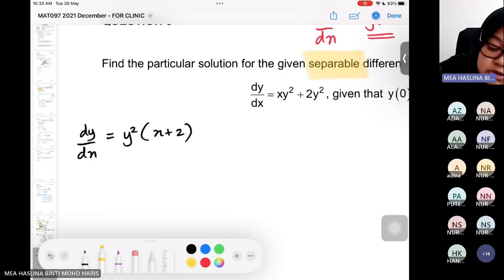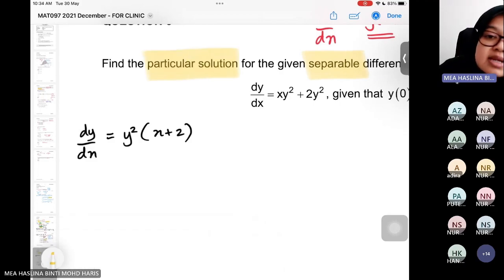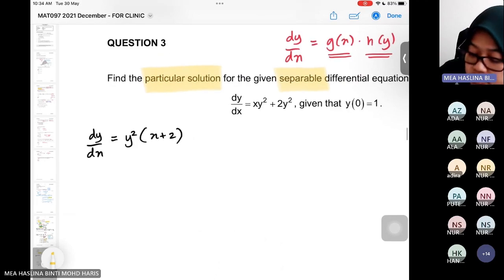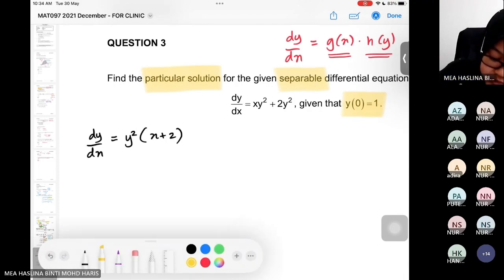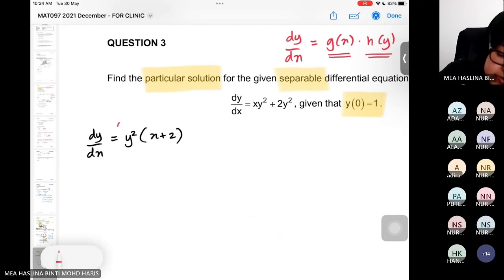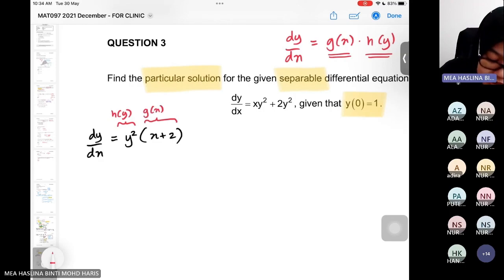I should also highlight that they ask for a particular solution, meaning you have the initial condition with which you can solve for the c later. Now you already have it in the form of h of y and g of x, so you will have 1 over y squared dy equals x plus 2 dx.